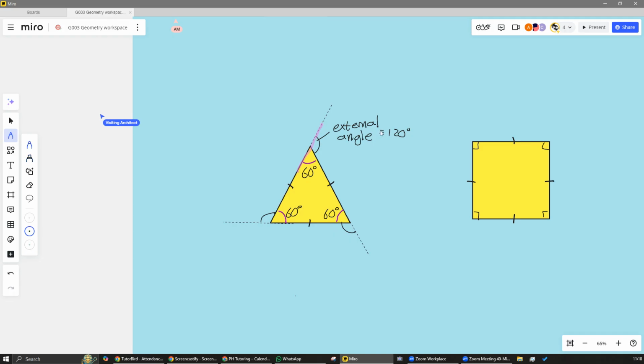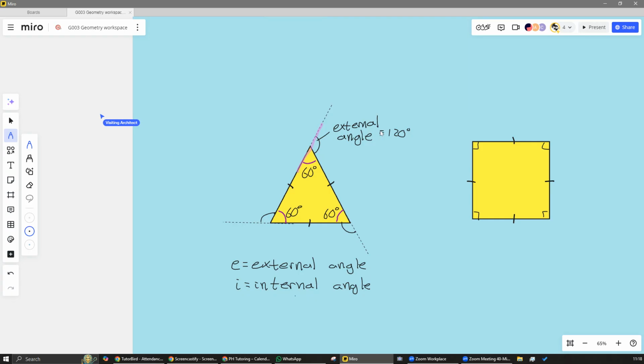Now we're going to use symbols for external angle and internal angle. We're going to use the letter E for external angle, and the letter I for internal angle. I haven't looked at the square yet, but we'll see that.